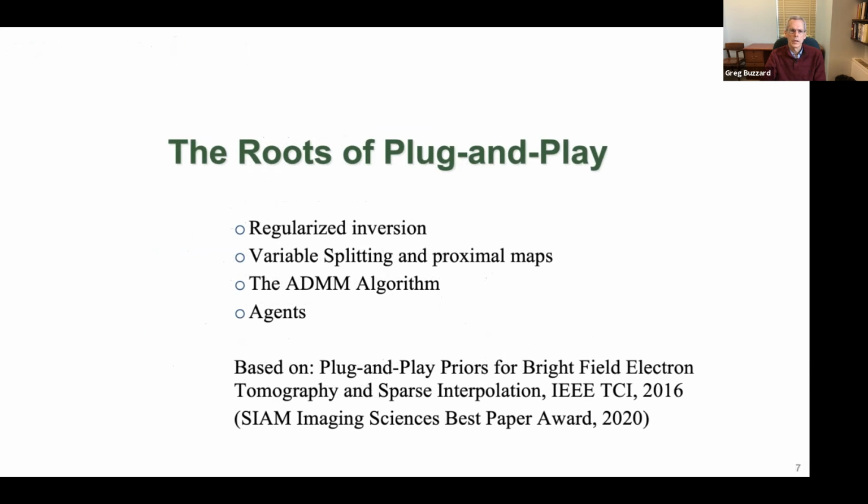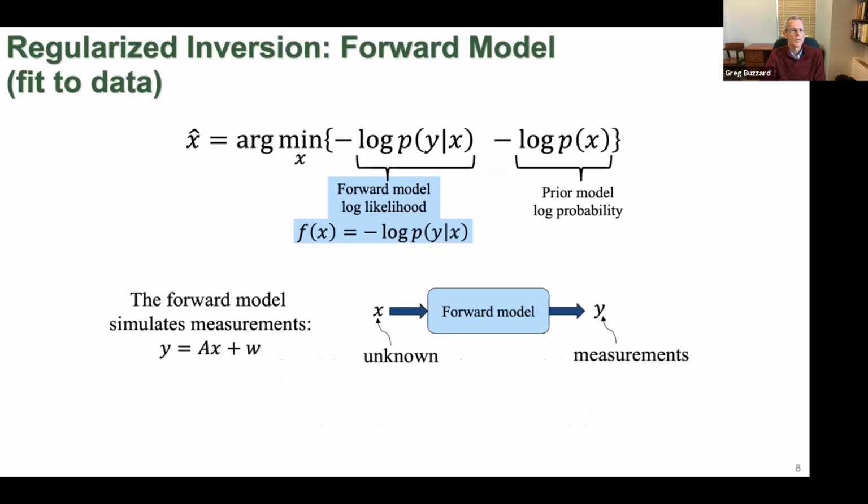Okay, so the first part of the talk is about this background and developments leading to plug and play. And this is based mostly on our Transactions on Computational Imaging paper, which received this best paper award this past year.